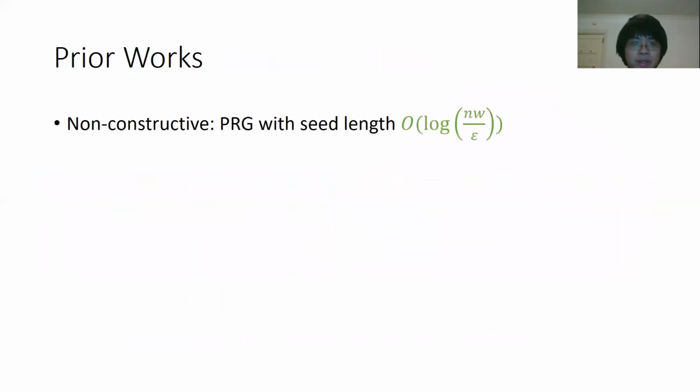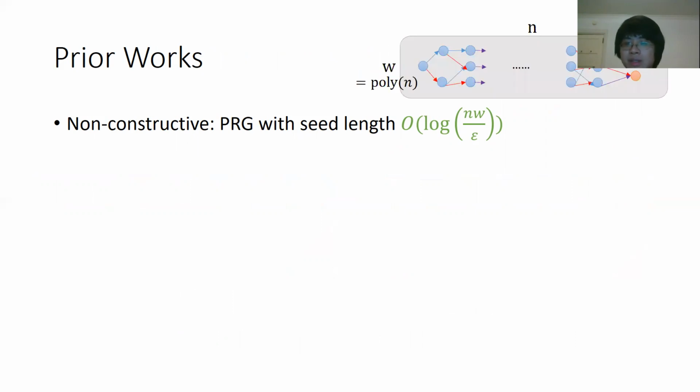Previously, it is well known that there exists a non-constructive PRG with seed length O(log(nW/epsilon)). Note that in the setting we care about, the width W equals poly(n). So if there exists an explicit PRG with such seed length, then we will be able to derandomize BPL in log space.